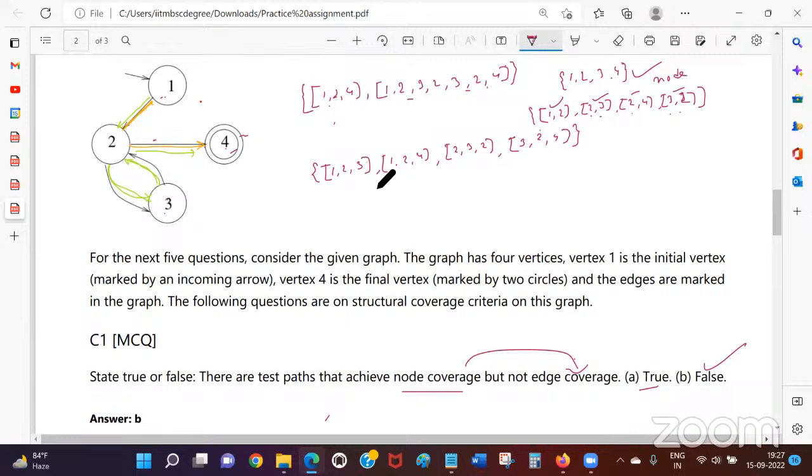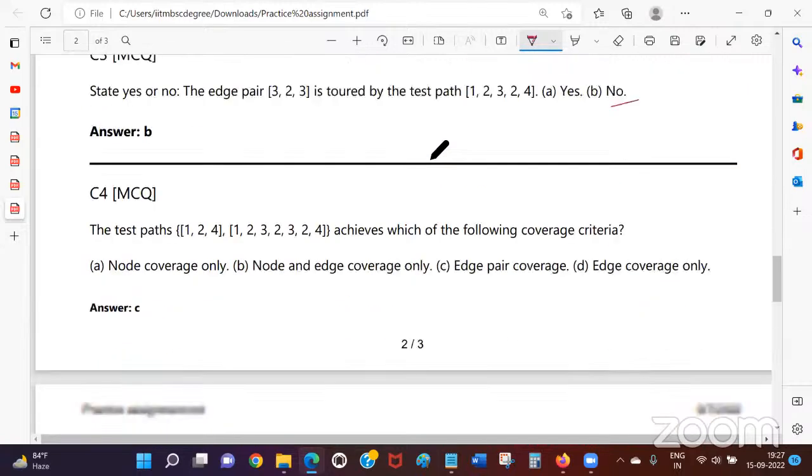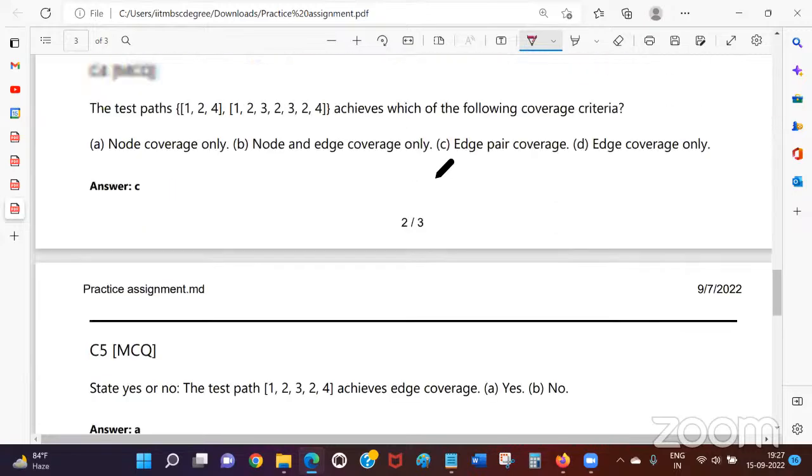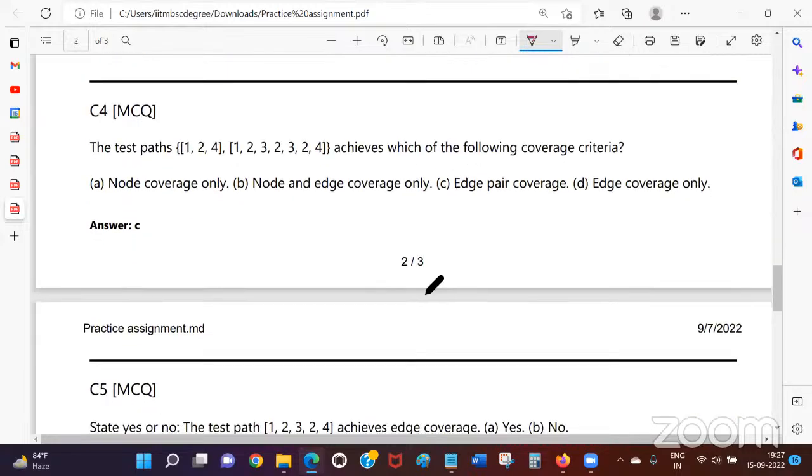Do I have 1, 2, 3? Yes. 1, 2, 4, yes. 2, 3, 2, yes. 3, 2, 4, yes. So it also does edge pair coverage. It's very simple actually. So node and edge coverage, yes, edge coverage will do.